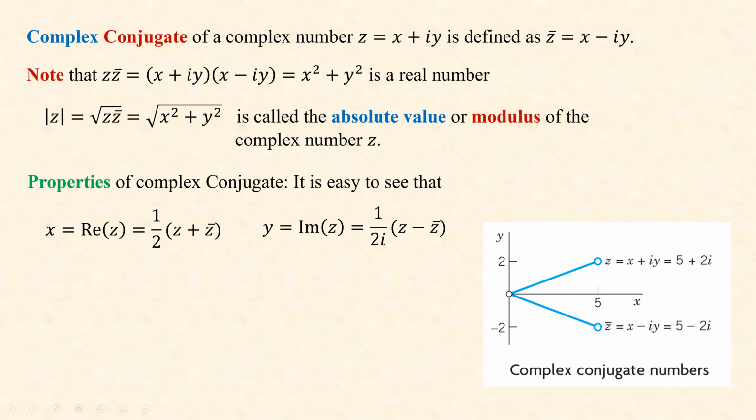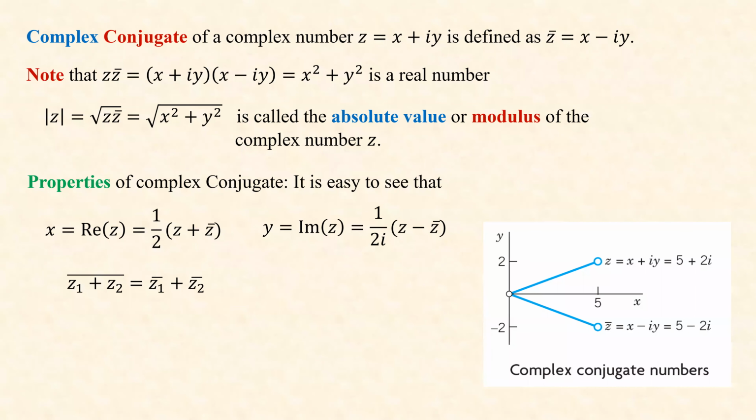And if you want the imaginary part, you can subtract: z minus z bar becomes twice the imaginary part, and if you divide by 2i, you get the imaginary part, which is real. You see, both real part and imaginary part are real numbers. They don't include the i, okay? Any questions so far?